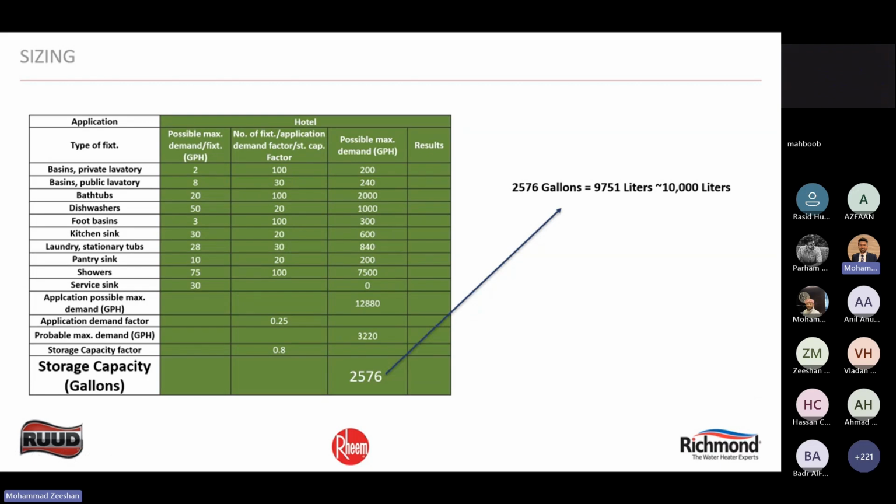Based on the type of the project, it defines these values. It also defines the application demand factor as well as the storage capacity factor.